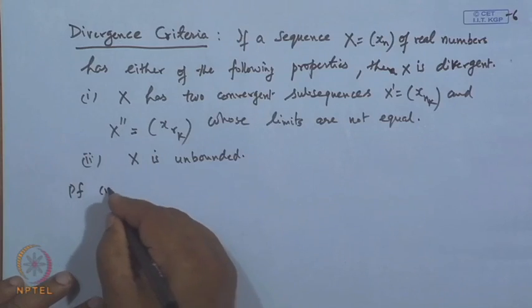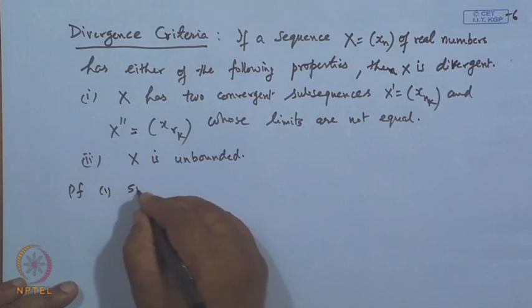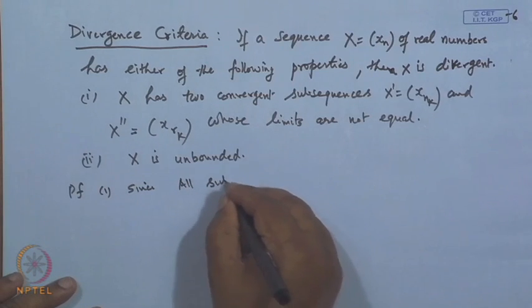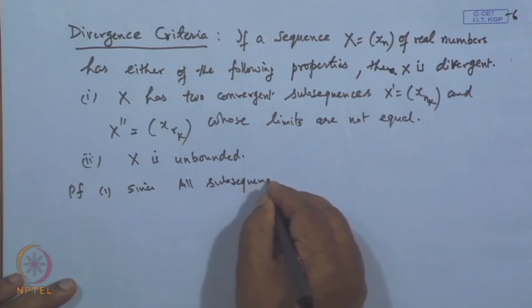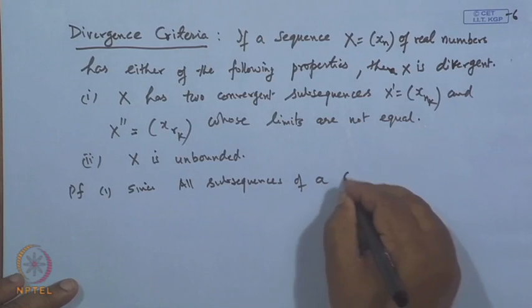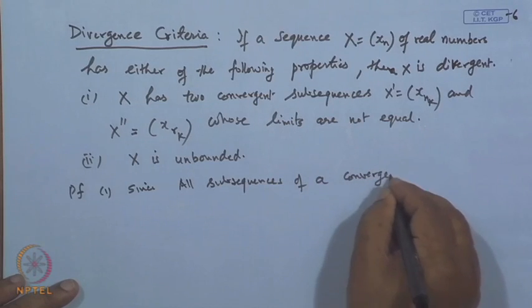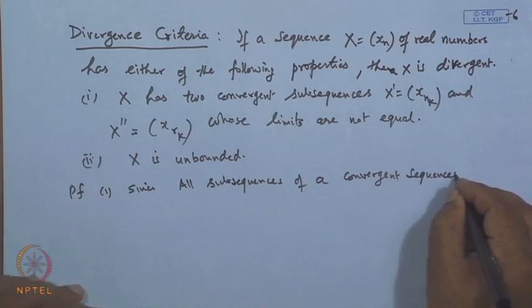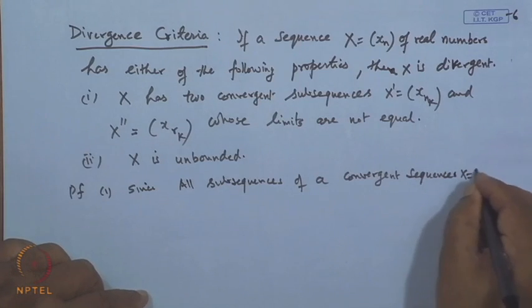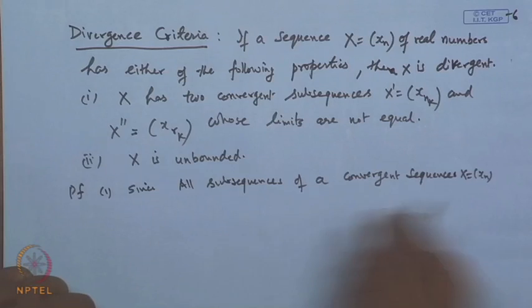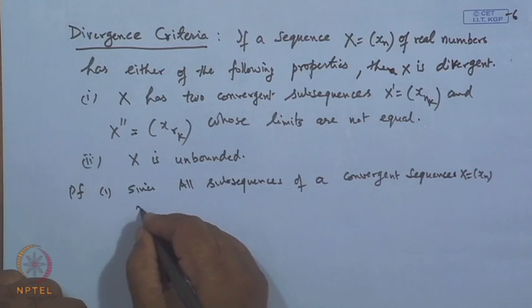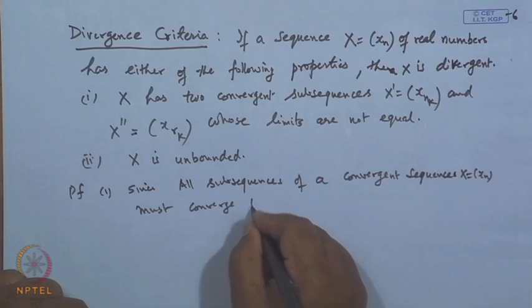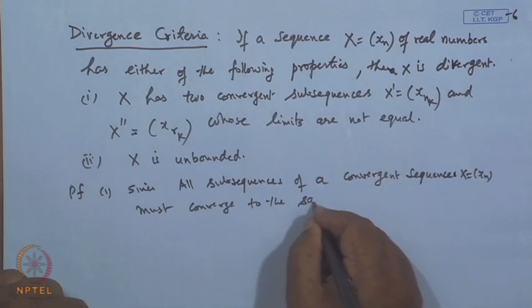So, the proof of the first follows, since all subsequences of a convergent sequence x equal to x n must converge to the same limit.